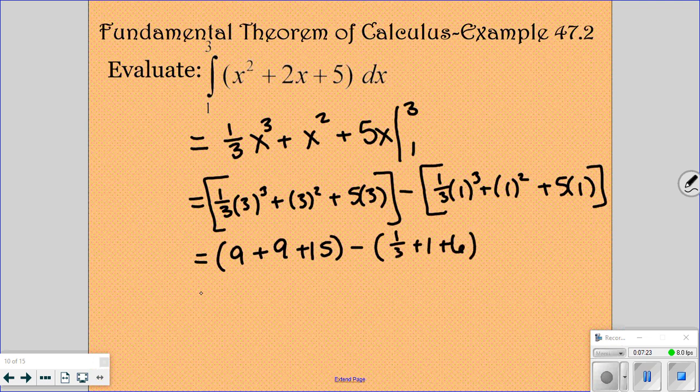So 9 plus 9 plus 15 is 33. And then we have minus 1/3 and minus 7. So 33 minus 7 gives you 26. So I have 26 minus 1/3.